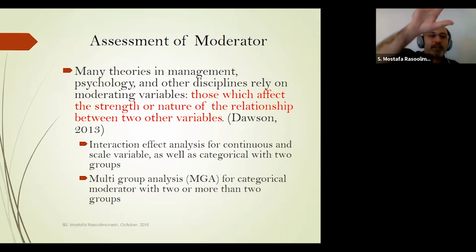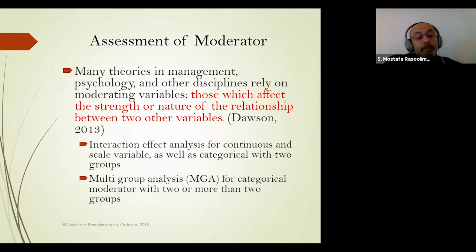For example, we have 5 antecedents that influence the IV, which influences the DV, or a mediator that influences the DV. But the moderator should be assessed for only one relationship, for example mediator to DV, or one IV to mediator.